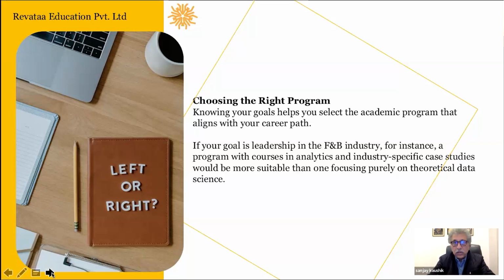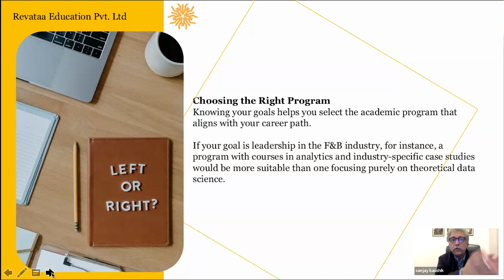Not just that I've chosen this particular university, that university does matter, but you have to choose a particular program that really resonates with your career objectives, right? For example, if your goal is to become a leader in the food and beverage industry, for instance, a program with courses in analytics or industry-specific case studies would be more suitable than just focusing purely on theoretical data science, right?